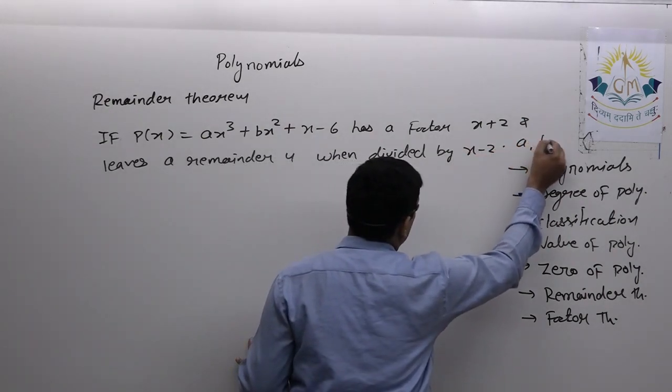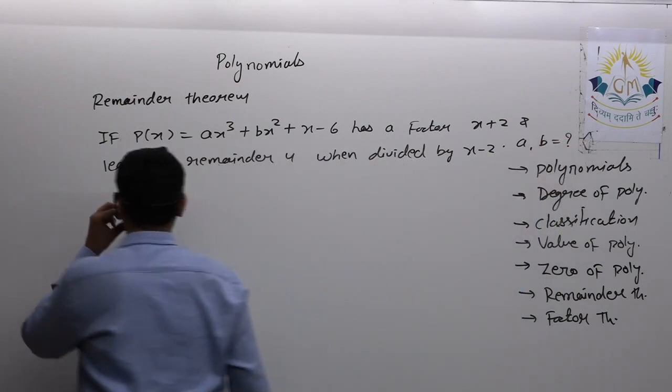Find a and b. Okay, two informations are given.